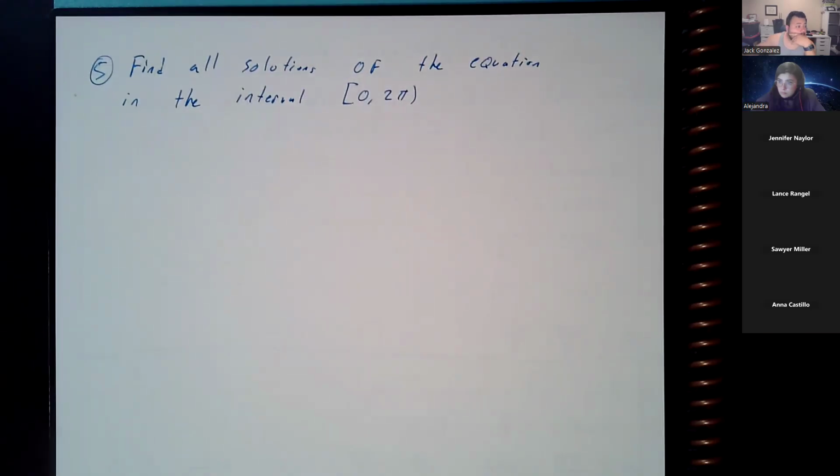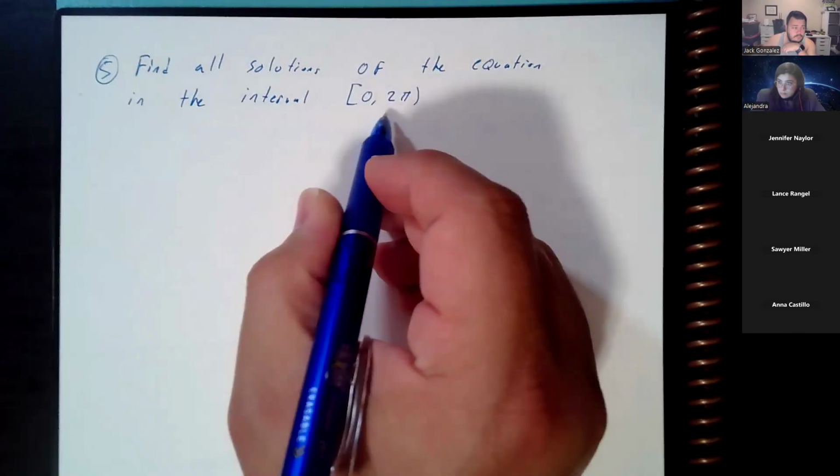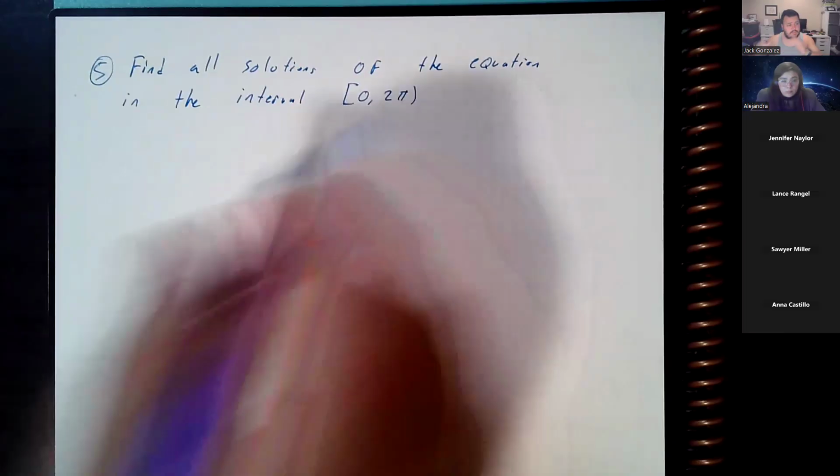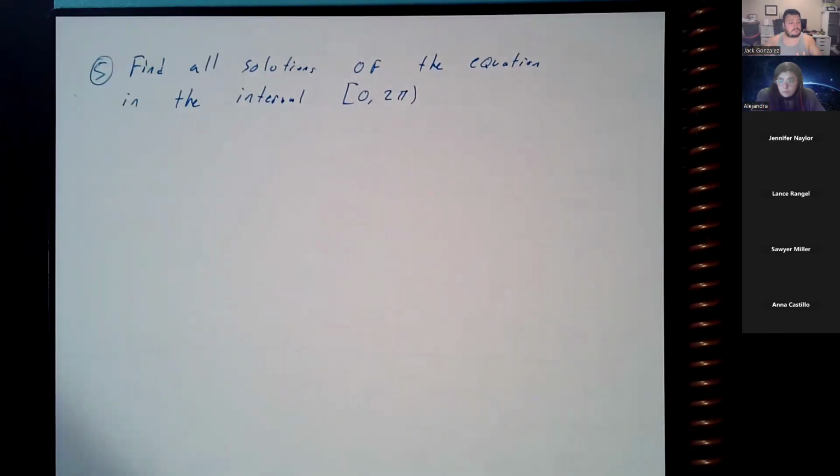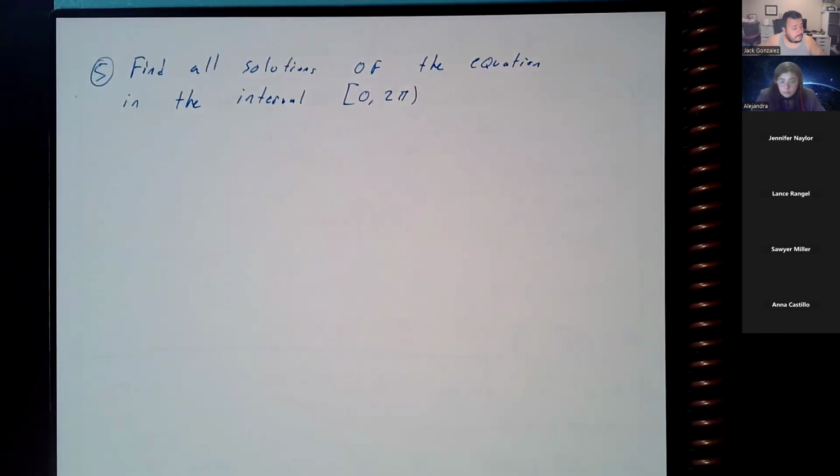So everything's in this one period, so it's not going to be infinite. That's the hint. When you see that little symbol here, 0 to 2 pi, this little interval, they're telling you it's going to be just a couple of answers. You don't have to add the k pi. Okay.